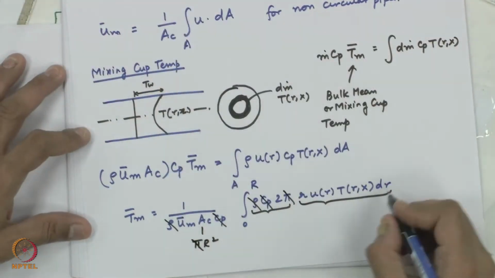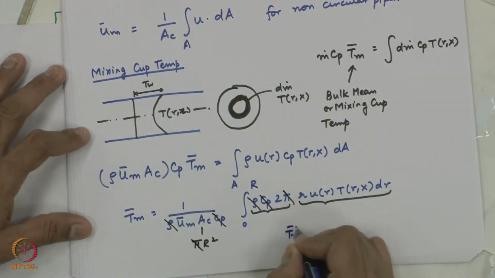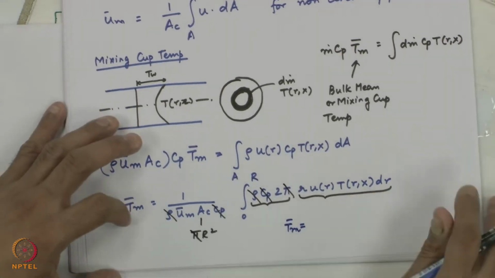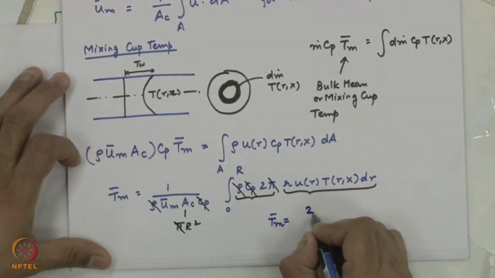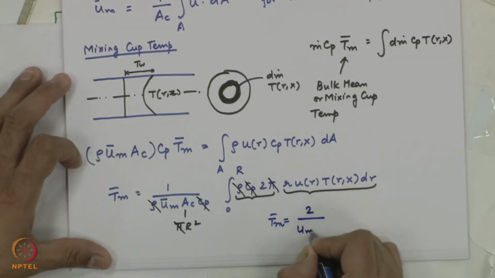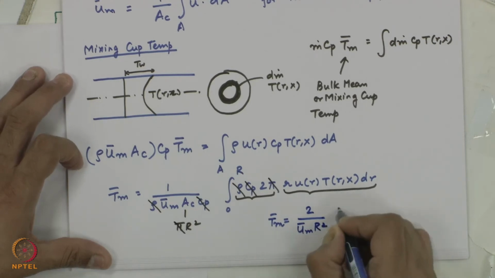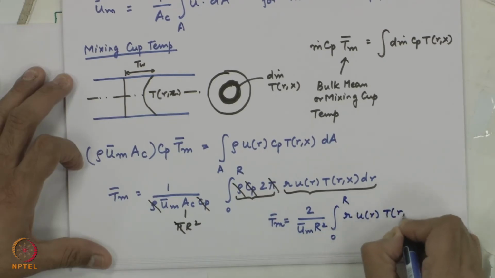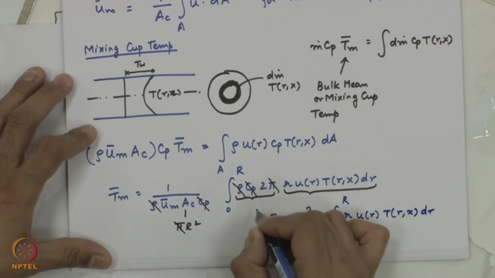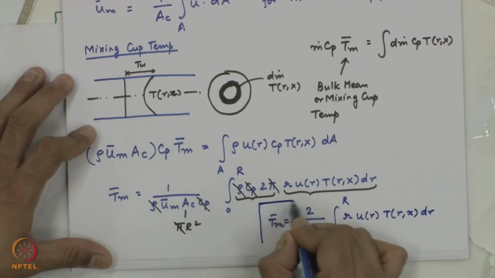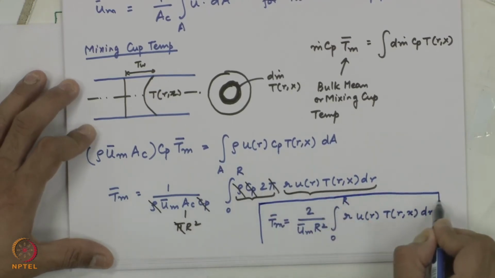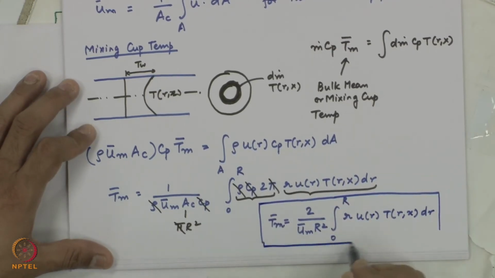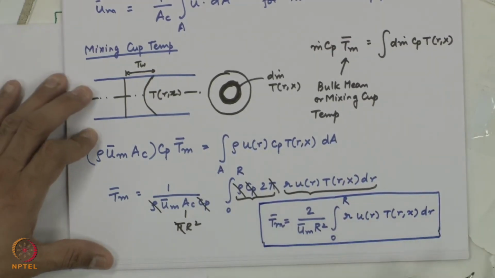I am left with T bulk mean equal to 2 over u m bar R squared, integral 0 to capital R of r u of r T of r comma x dr. This is my mixing cup temperature expression for flow through a circular pipe.